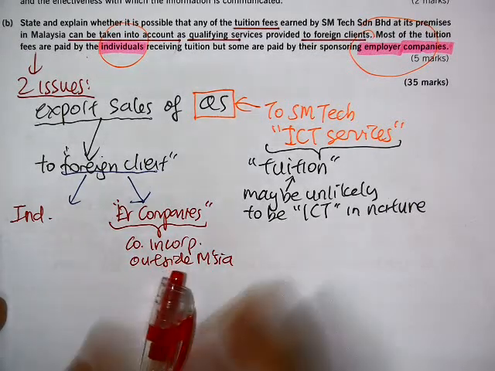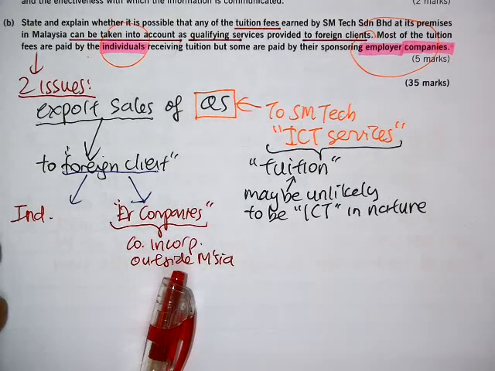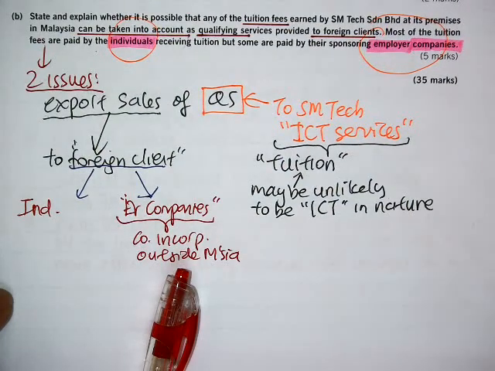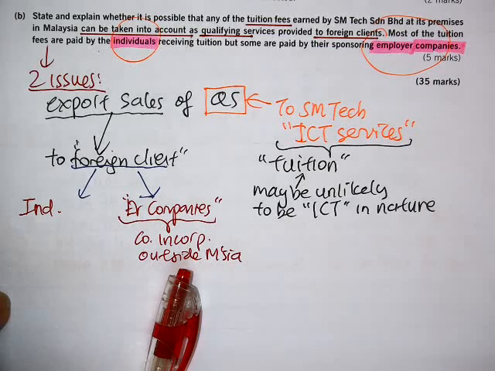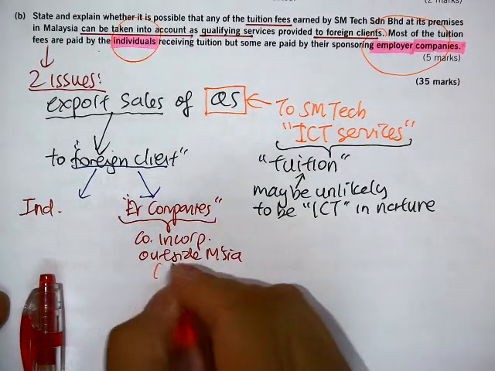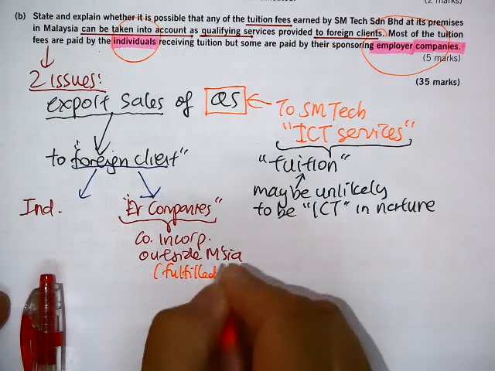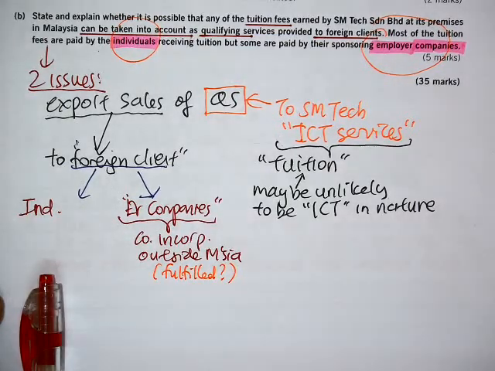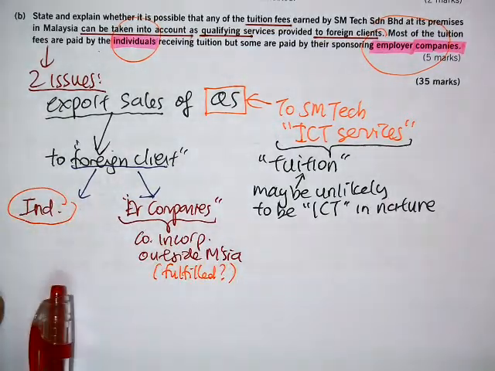So right now the employer that they pay the tuition fee are those Sendirian Berhad, then cannot. They are not even a foreign client in the first place. So foreign must be a company incorporated outside Malaysia. So is this one fulfilled or not? I must check this.